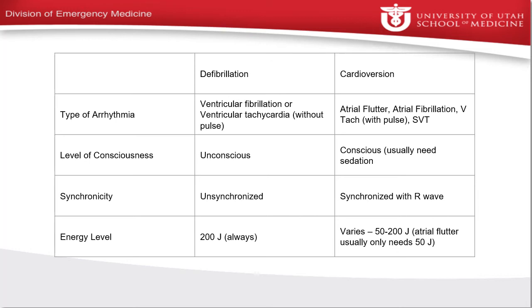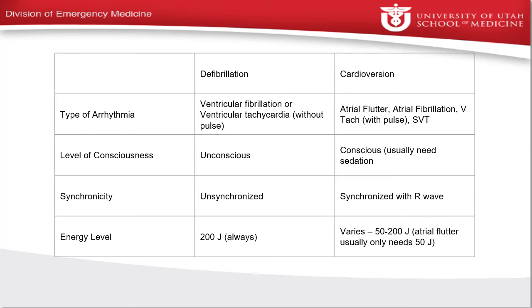Level of consciousness is another tool. We're only defibrillating unconscious people. Cardioversion patients are usually conscious, and if they're stable enough, we may want to give them a little bit of sedation, maybe a little bit of Versed, before we cardiovert them.